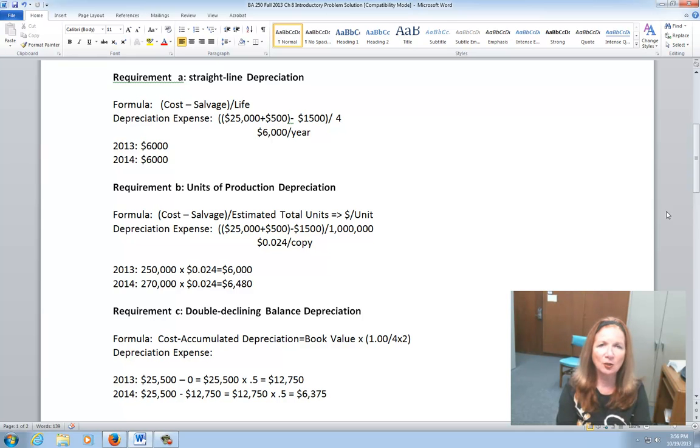The solution then is 6,000 per year. So it's cost plus delivery minus salvage, and that value divided by 4, and it's 6,000 a year. So for 2013 and 2014, we have 6,000 each one of those years. Straight line depreciation, same amount every year.